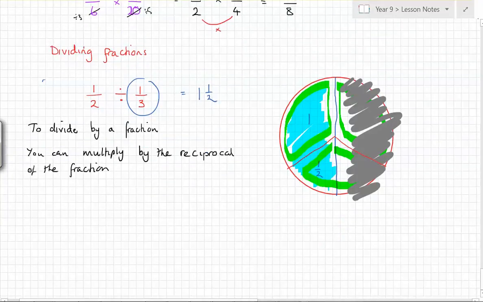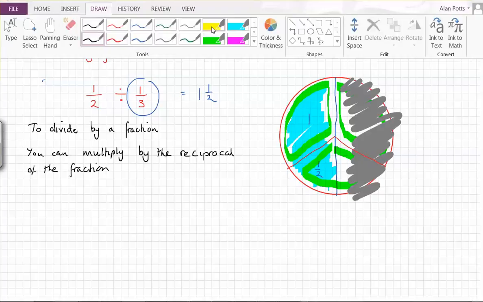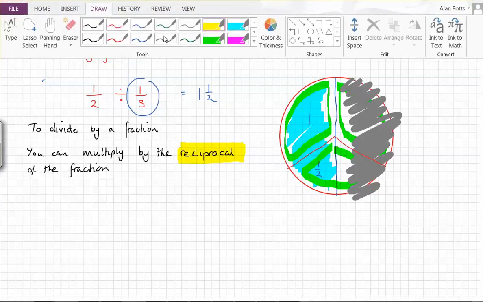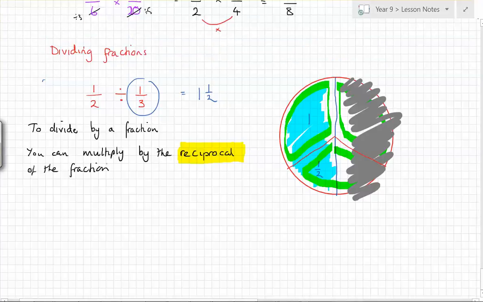Do you understand the word reciprocal? No, I didn't expect you to. That's all right. I'll see whether you can guess what reciprocal means. So what that means is, instead of doing a half divided by a third, I'm going to do a half times 3/1.